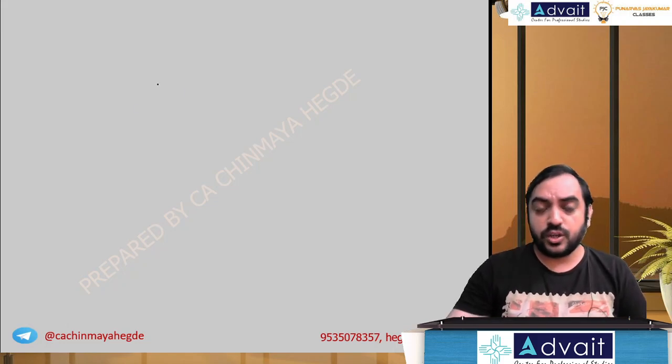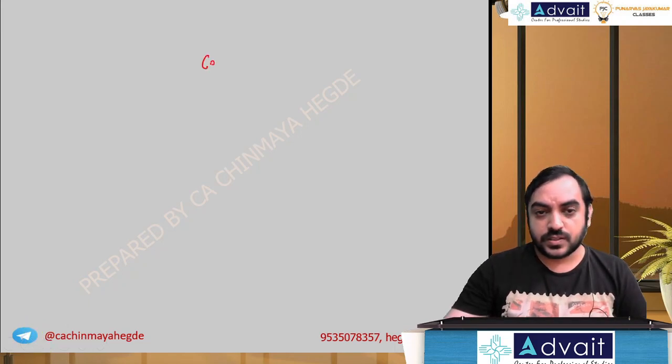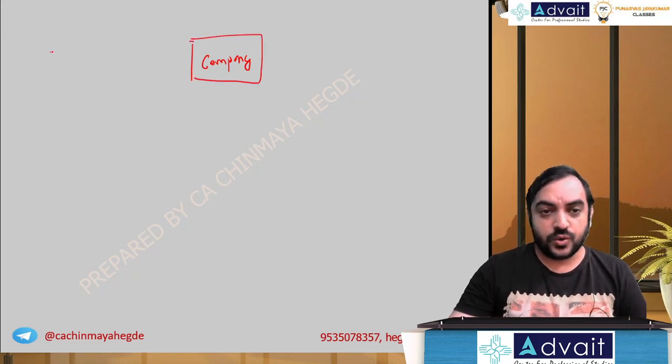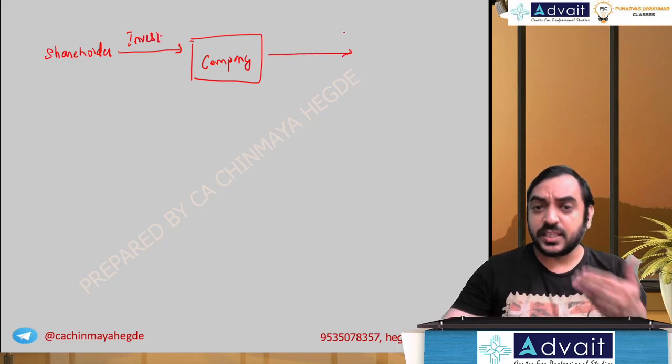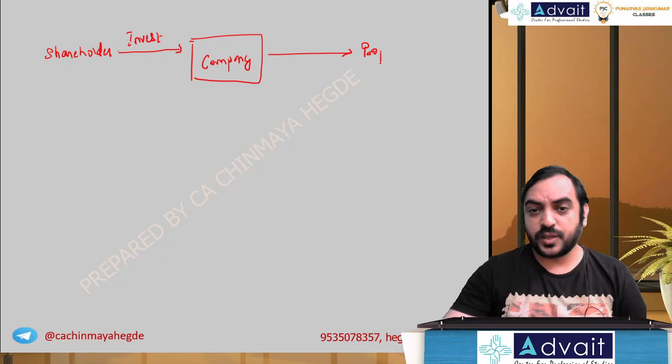So, if you look at the structure, you will have the company in between. The shareholder gives money, he invests, and the company will invest in various projects. They do business, they do projects.